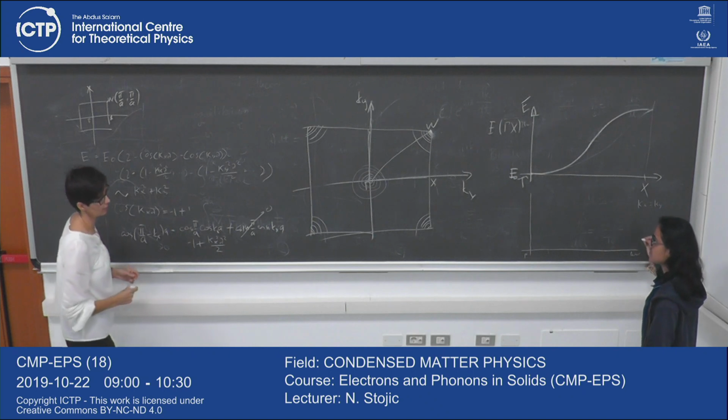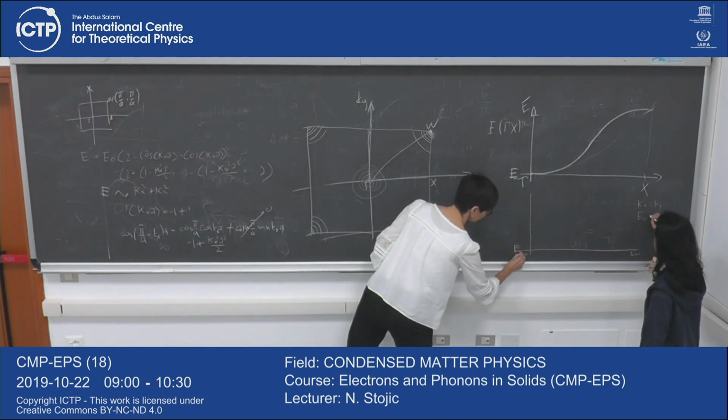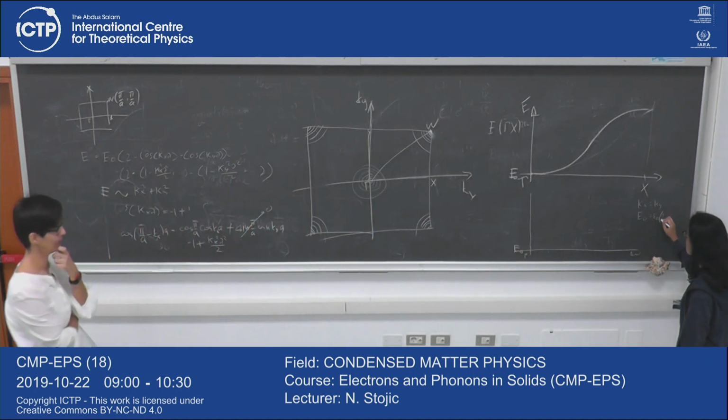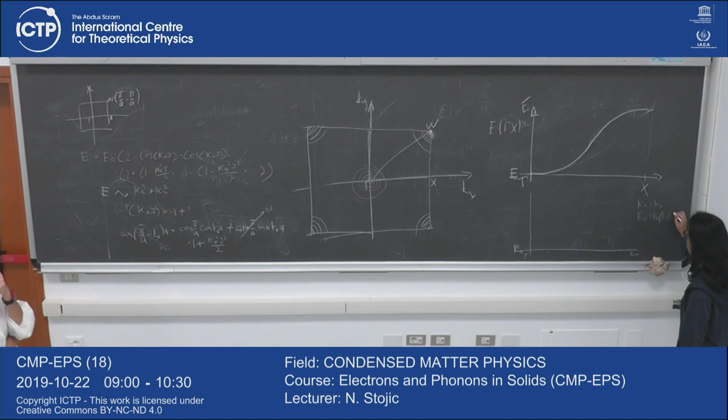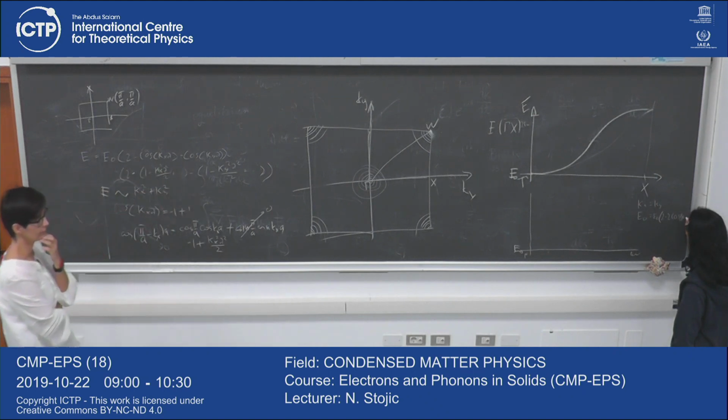So at 0 it is E0 again. I'm going to start from here. And pi over a, 2 plus 1 plus 1.